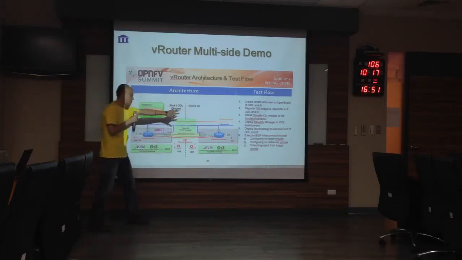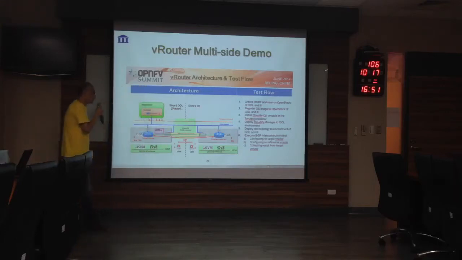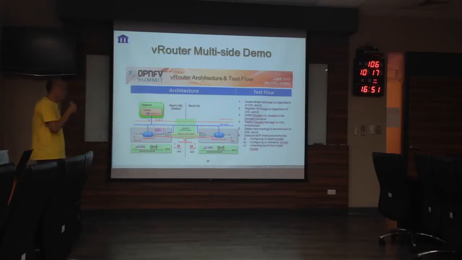Both have the same configuration and environment, but we chose OOL as the master site. So we ran the Functest Docker on OOL, then deployed VMs and a router and did some BGP protocol testing. You can check the test flow.